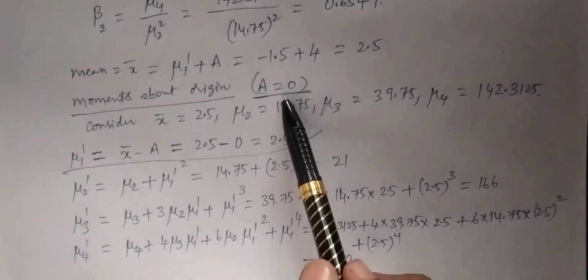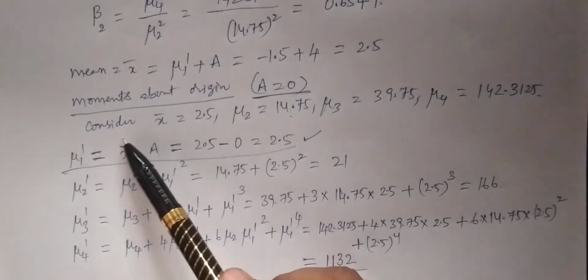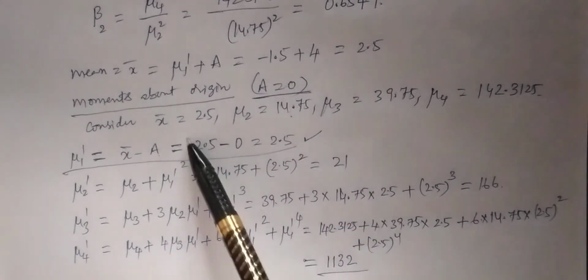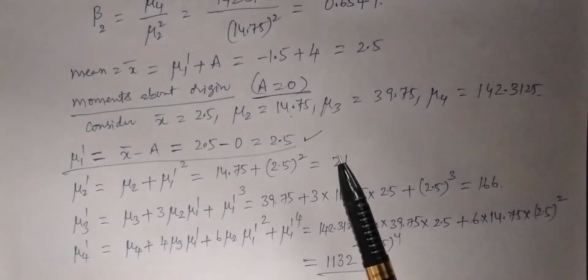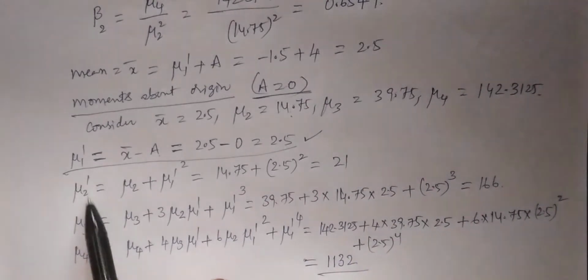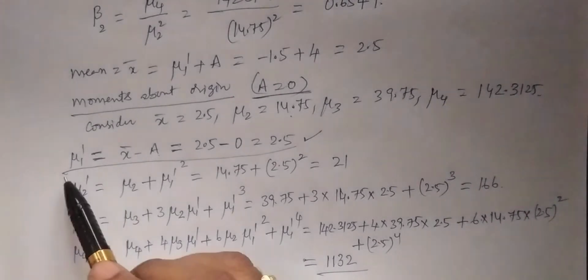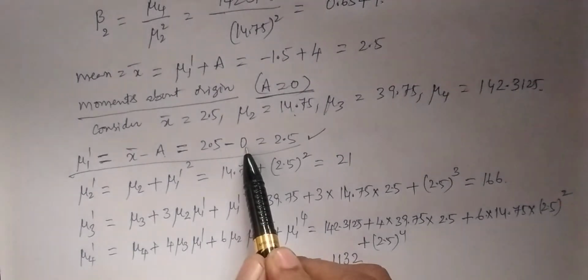Consider x bar, this value of 2.5, and mu2, mu3, mu4 are the previous values we calculated, which are central moments about mean. Then mu1 dash we calculate using the interrelations between non-central moments in terms of the central moments, for which you calculate mu1 dash first: x bar minus a, it is 2.5 minus 0.